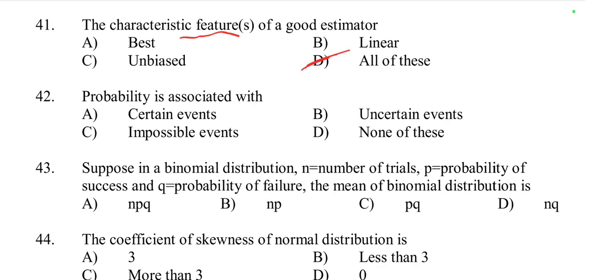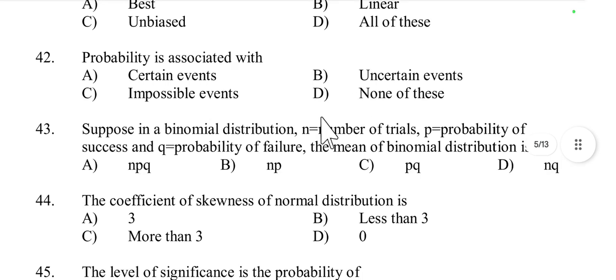D is the right answer, because a good estimator should be unbiased, efficient, and linear in nature. Linear means if BLUE, the best linear unbiased estimator, is assumed, then it should be linear. So all of the above are correct according to the characteristics of a good estimator. So D is the right answer.